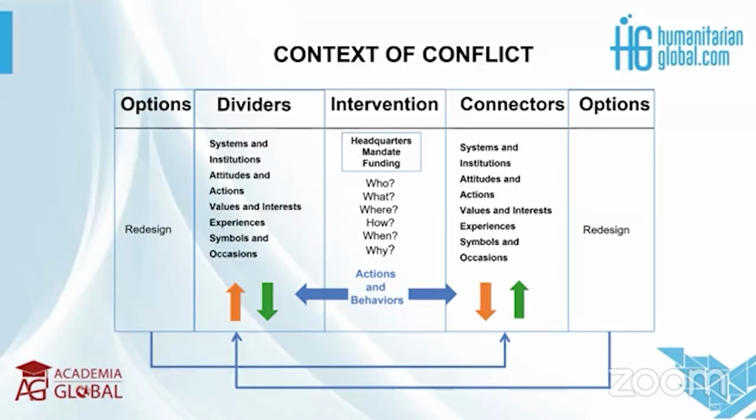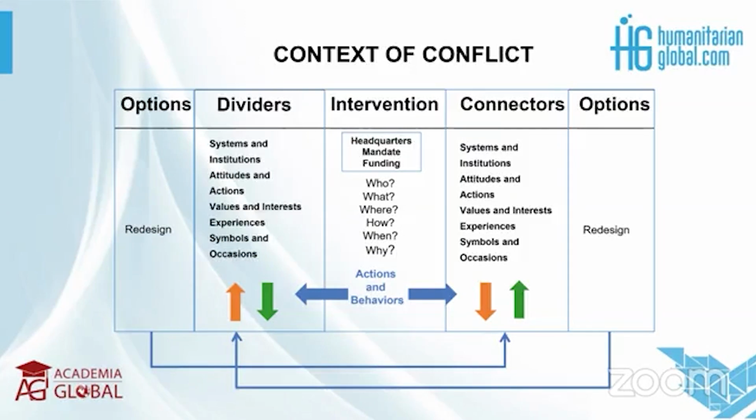The policies and the amount of money allocated are things that you might not be able to change, and those are what we call the headquarters mandate funding. Then you analyze your intervention: who, what, where, when, why. I mentioned the 5 W's and 1 H. Then after you do that, remember we said the next step is to analyze the dividers.